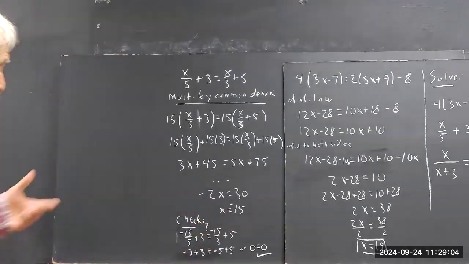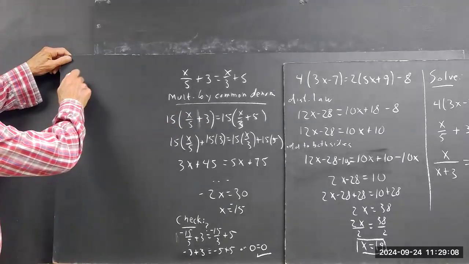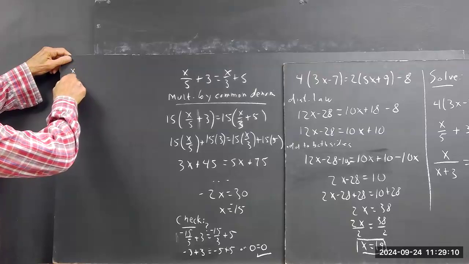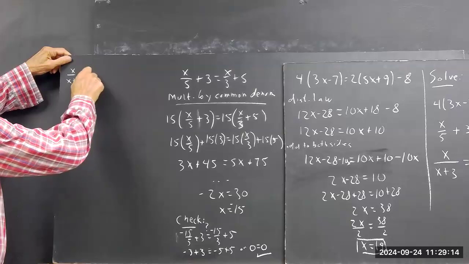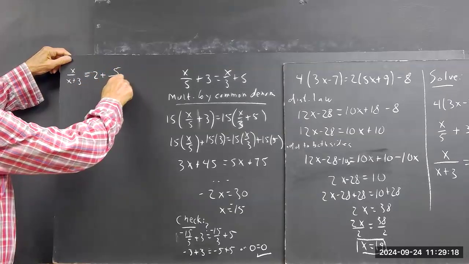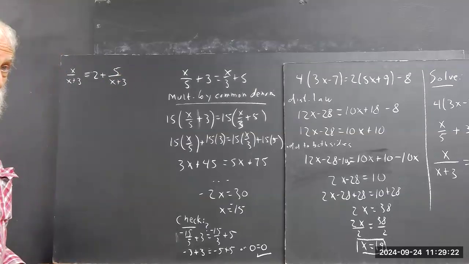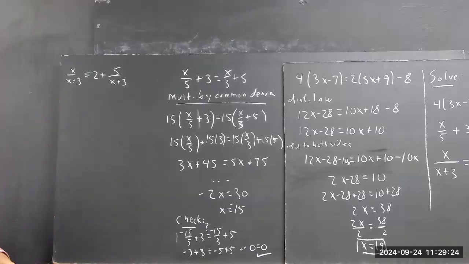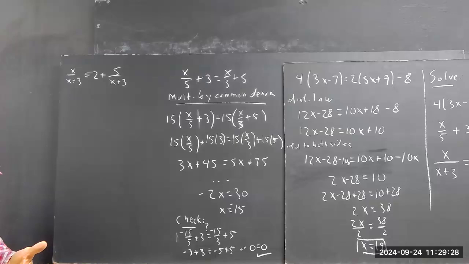Okay, well, here we have. Now, the last one, we're going to use the same strategy, x over x plus 3 equals 2 plus 5 over x plus 3. That looks kind of scary when you first look at it, the first time you see one of these, especially if you haven't studied the text and the example as well.